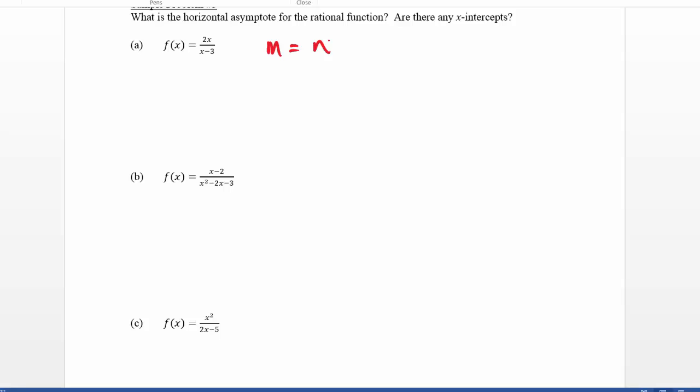And what that means is we want the leading coefficient of each of these set up as a ratio. And so the leading coefficient of the numerator is 2. The leading coefficient of the denominator is 1. So we can say y equals 2. And y equals 2 is going to be our horizontal asymptote for this particular problem.